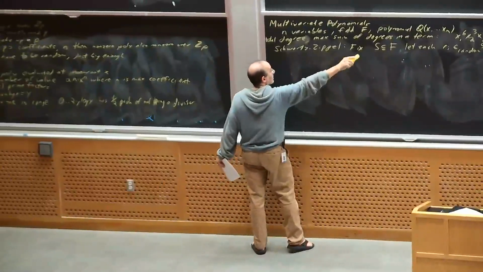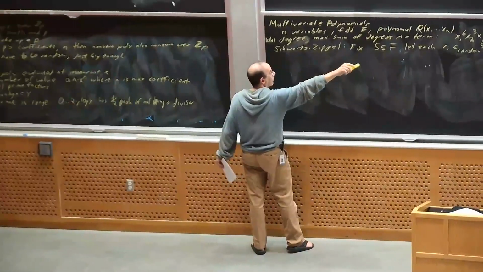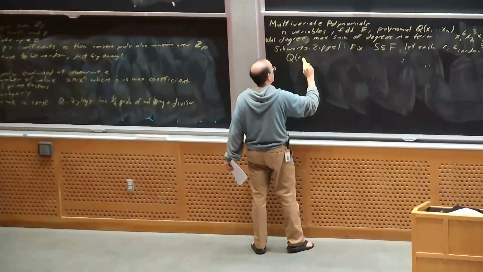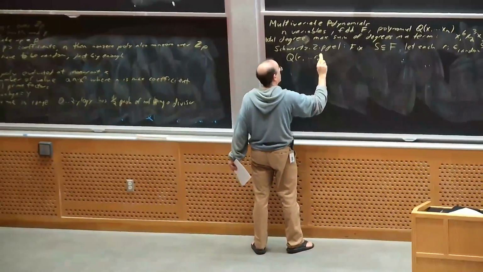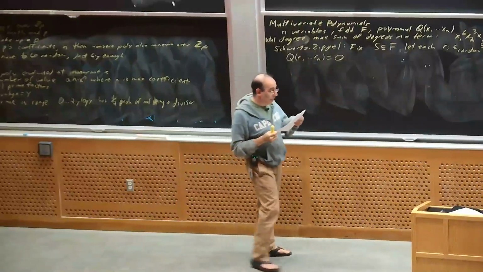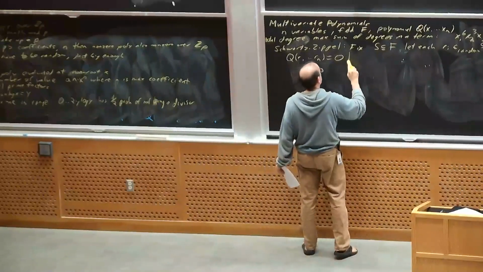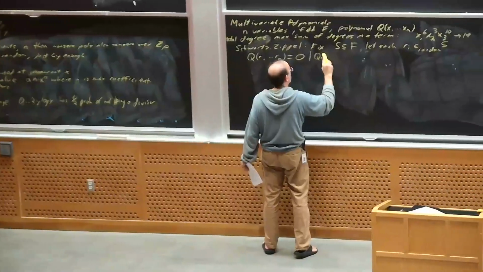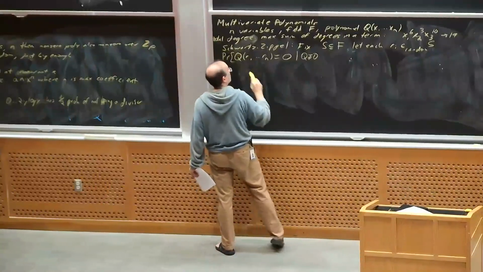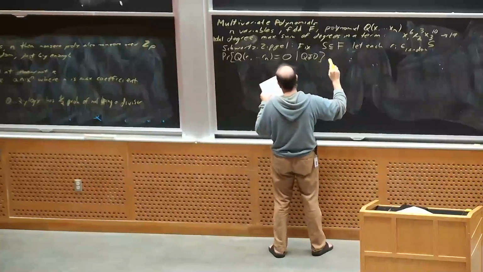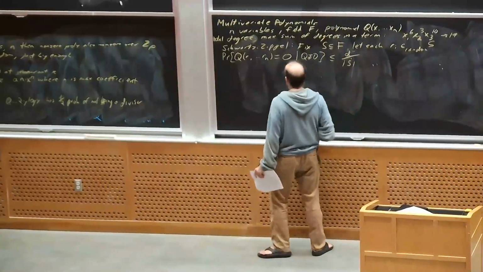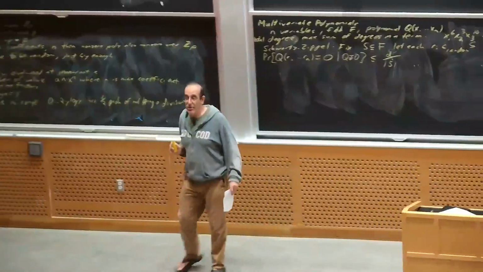So if I choose randomly for each of the xi, then the probability that I get a 0 conditioned on Q not being 0 in this field is at most the total degree divided by the size of the set that I'm choosing from.